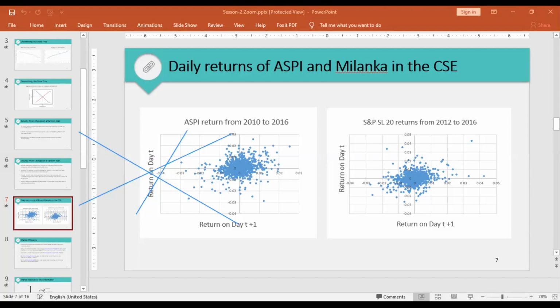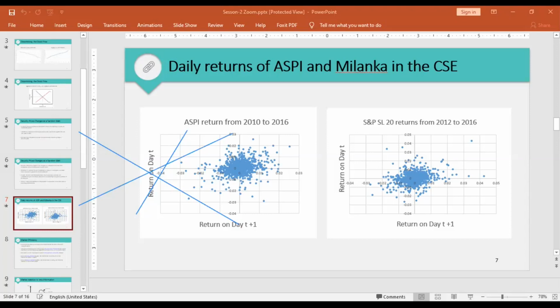That means that all the returns are on a random walk. We cannot find a pattern. There is no upward trend, there is no downward trend. All these returns are random events, right?